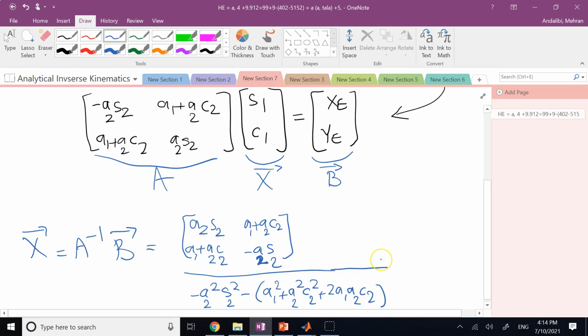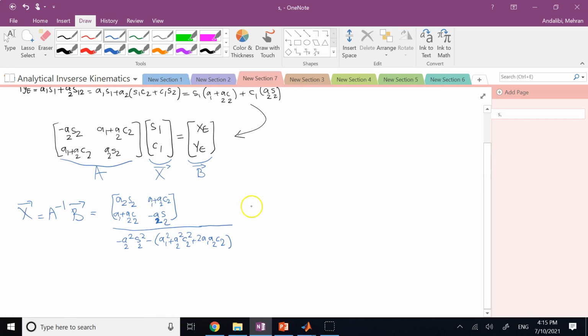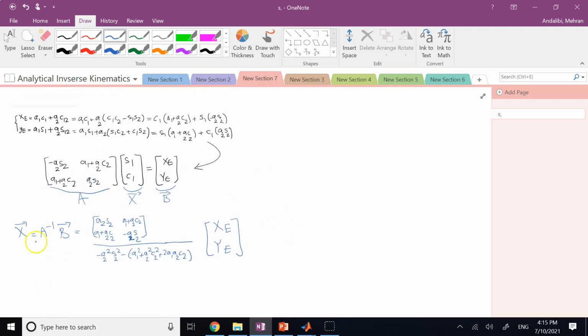That's the determinant. It is this one, and then times, of course, XE and YE. So if you do it, since X itself is S1 and C1, you will get two results.